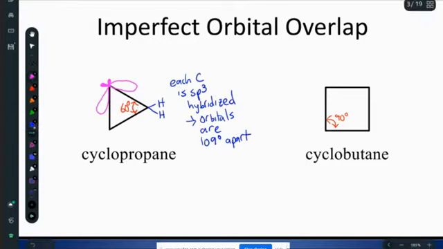If I go to the carbon at the bottom here, its 2 sp3 hybrid orbitals might point one in this direction and one out in this direction.